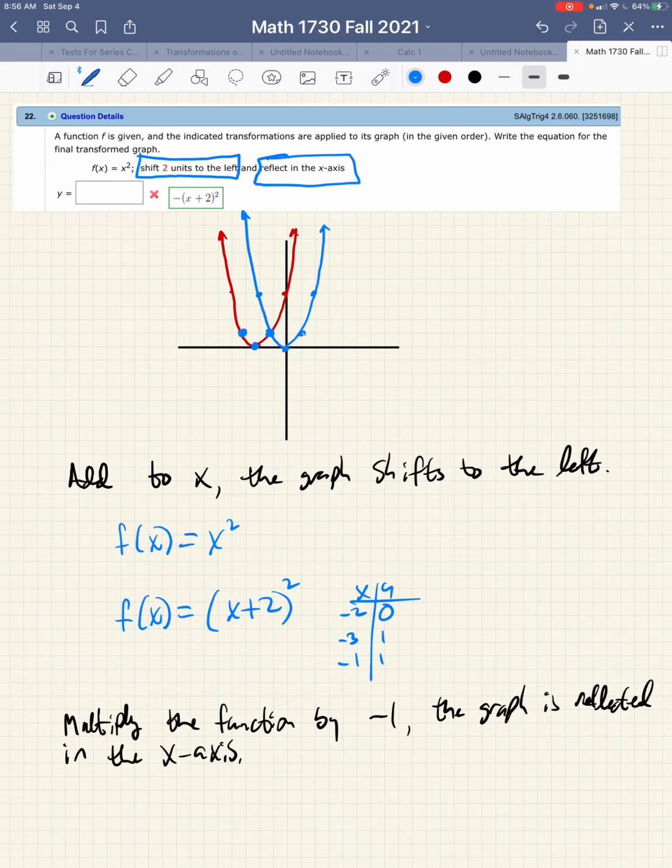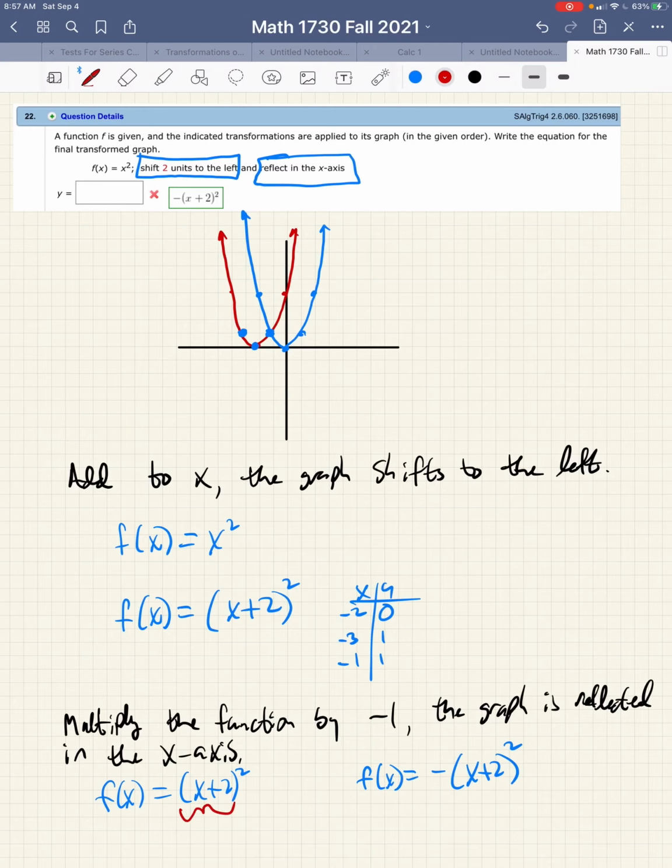So our function f of x equals (x plus 2) squared should then be multiplied by negative 1. So that means the result would be f of x equals the opposite of (x plus 2) squared. The entire function should be multiplied by negative 1. And our entire function at this point is (x plus 2) squared.